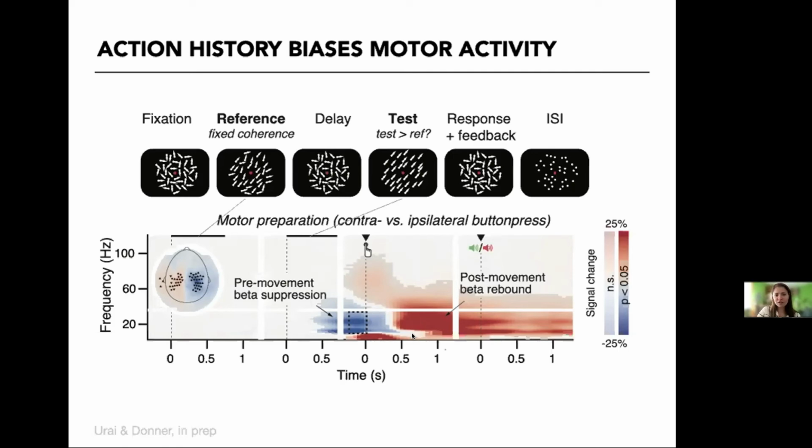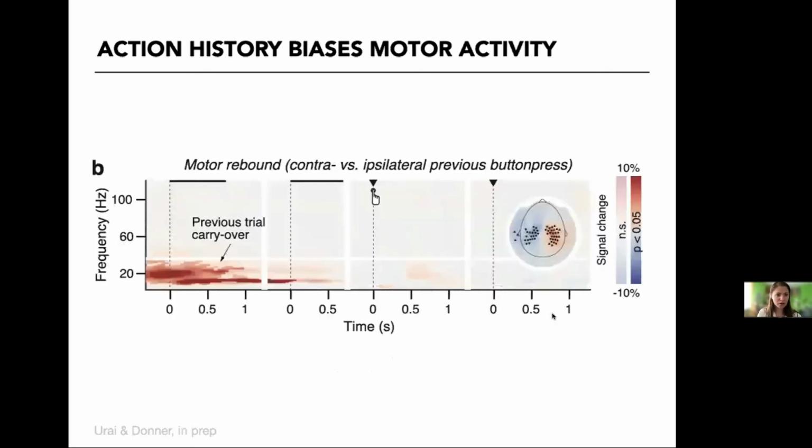So there's an inversion of this sign. And crucially, this is very, very long lasting. So these motor signatures that follow the release of the button actually carry on well into the next trial. And you can see this here. So this is the trial afterwards, where you have this remaining beta band rebound.